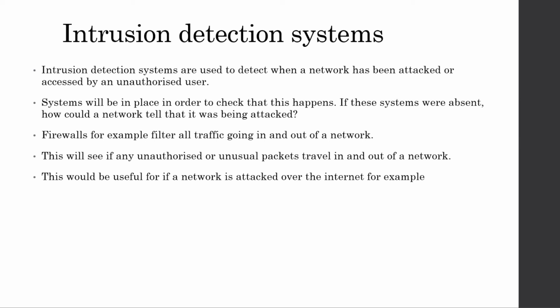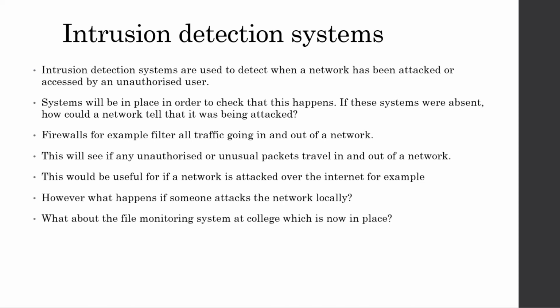But obviously, some people could distribute malware from inside the network. If somebody at college went onto one of the machines and put a virus on through a memory stick, they need to watch out for that as well. So firewalls can't just be set up for the internet; they need to cover other things as well.